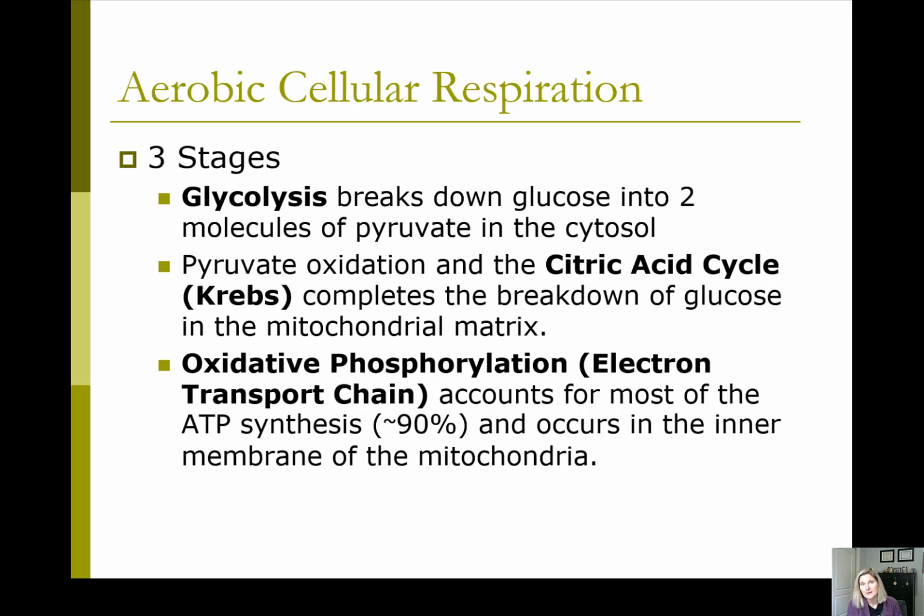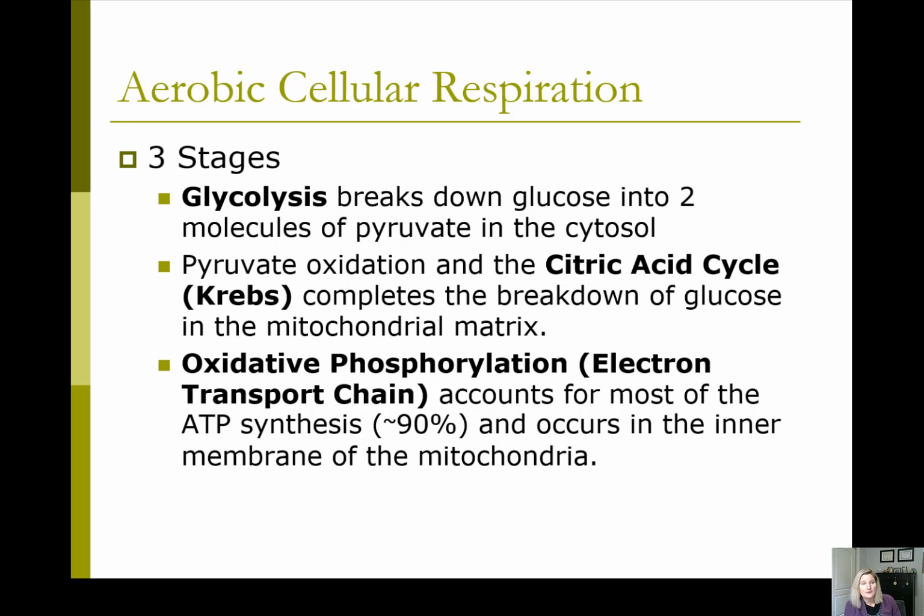So we call those 2 molecules pyruvate. So that's the first step. In order for this step to occur, we actually require a little bit of energy to get things started. But we end up producing a little bit of ATP in the process, along with getting those electrons transferred to electron carriers that get carried into the mitochondria.